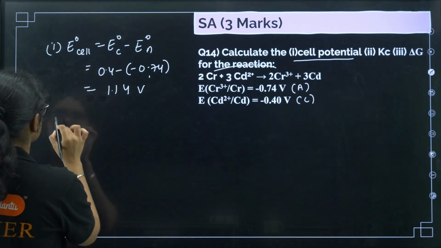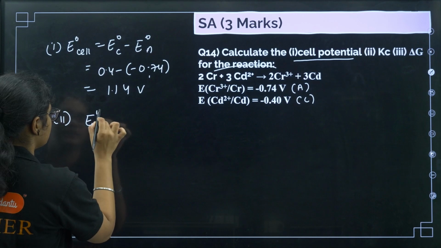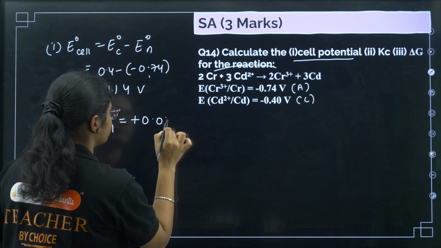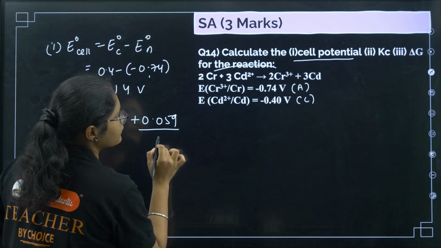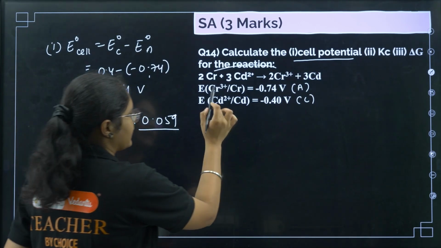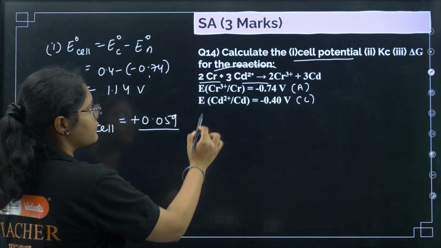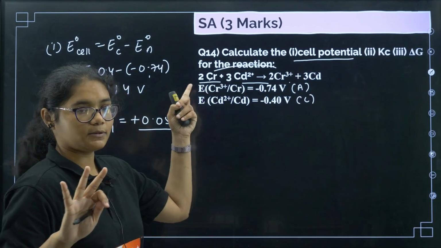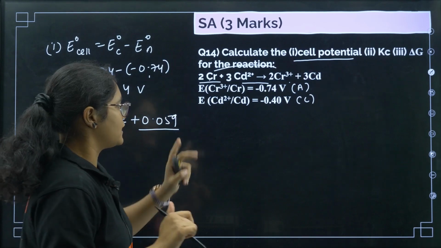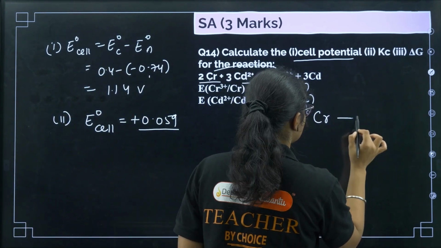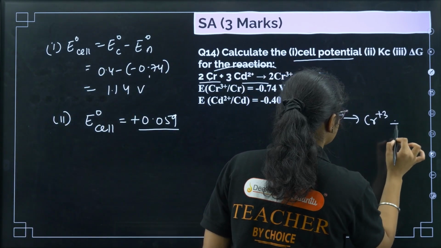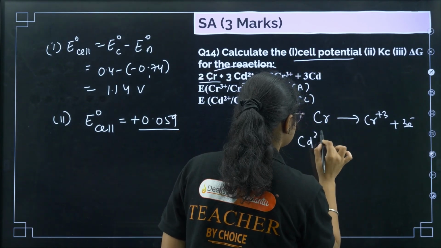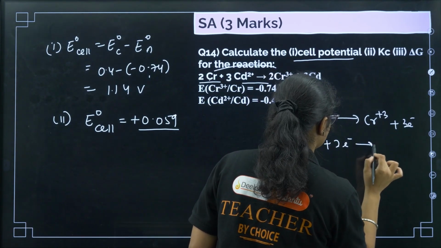Next, the Kc value. What is the formula for Kc? E° of the cell is equal to 0.059 by n log K. Here you need to be very careful with n. Chromium goes to Cr³⁺ using 3 electrons, but how many chromium are there? 2. And cadmium 2+ takes 2 electrons to become cadmium.